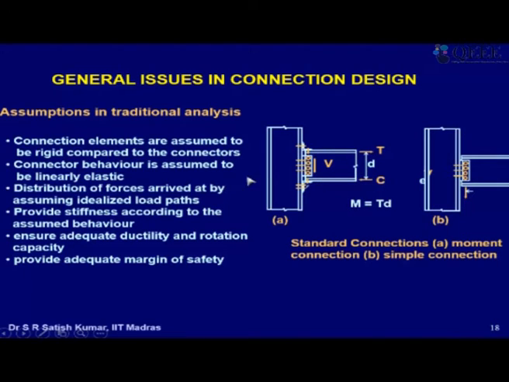Okay. So in any complicated connection like this, what we do is we assume that the connectors, that is the angles, or what is called a web cleat or a web angle, are not going to deform much, so we neglect their deformations, and that is we are assuming that they are very rigid, and then we do a simple analysis.